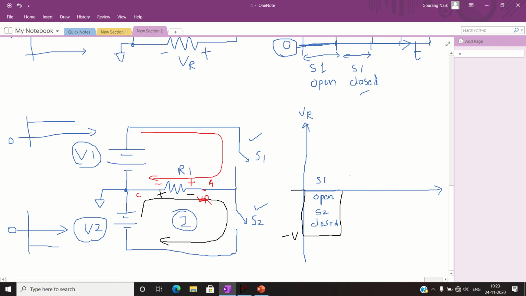The next interval, I will keep my S1 closed and S2 open.